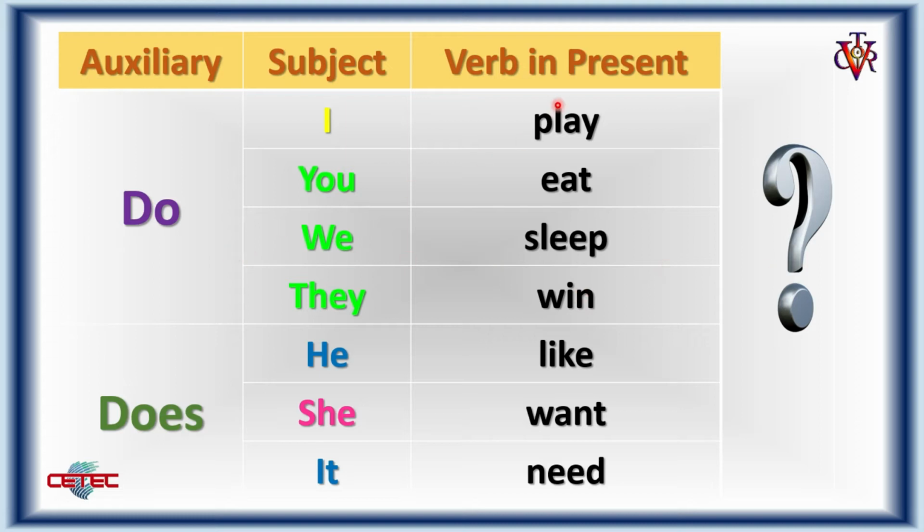Don't forget the verbs are usable in all the forms. Now, verbs in present are going to be usable with all the subjects. Does he like? Does she want? Does it need? Does he sleep?